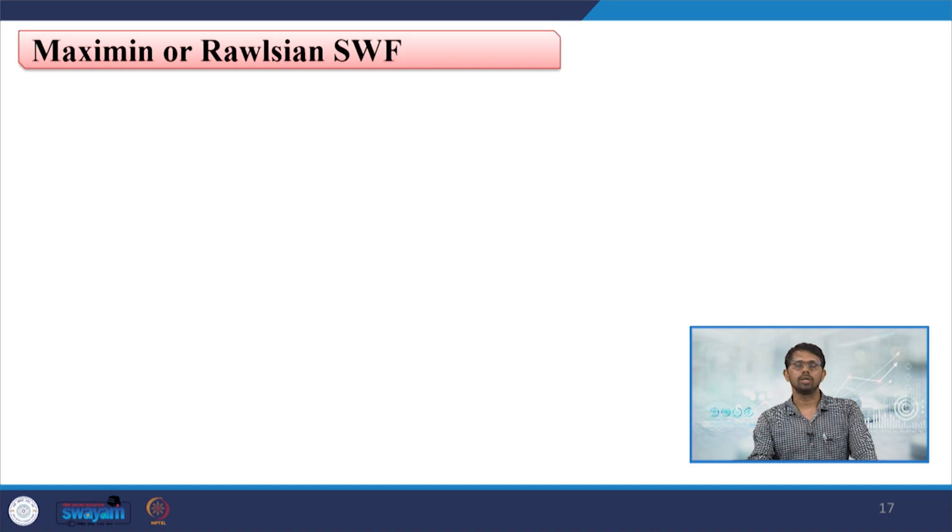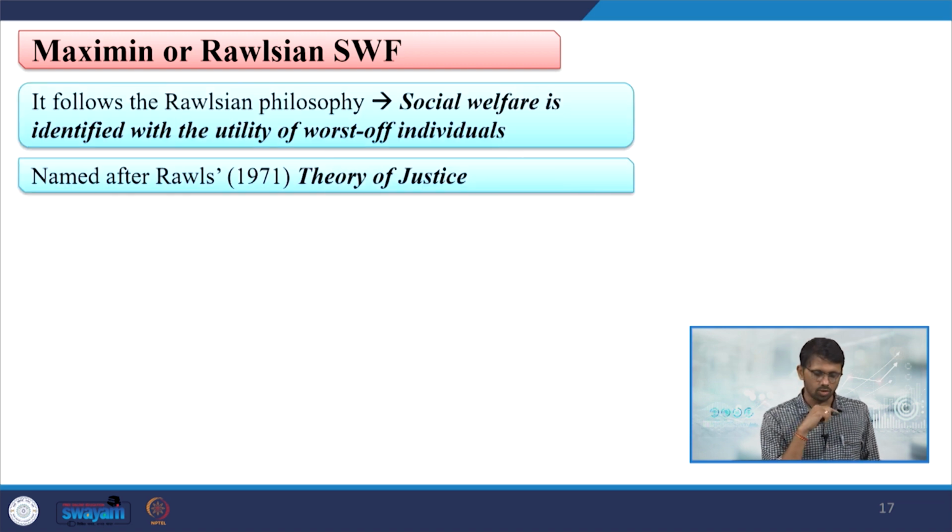Now, the third one, which is quite relevant and largely discussed in social welfare discussions, is called the Max-Min or Rawlsian social welfare function. Rawlsian views are taken from his book A Theory of Justice, the Rawls 1971 contribution. It follows the Rawlsian philosophy, that social welfare is identified with the utility of the worst-off individual.